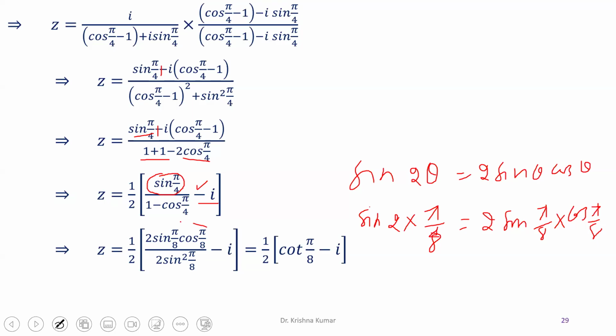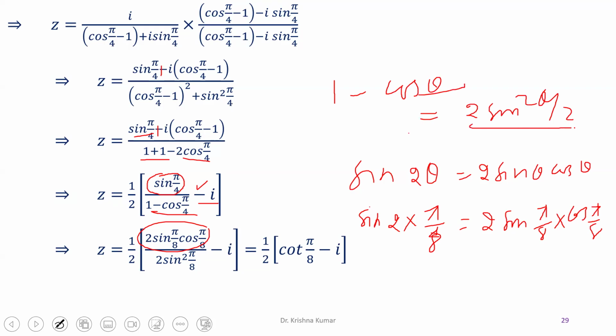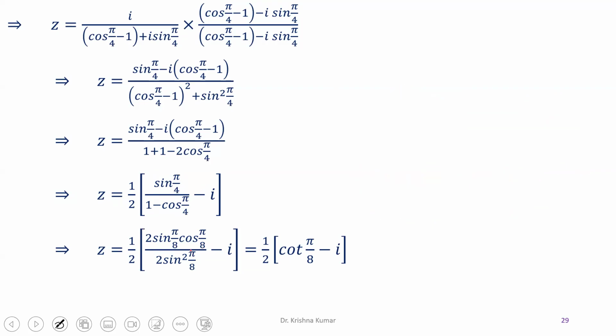This is written over here, and for 1 minus cos pi/4, we know that 1 minus cos theta is nothing but 2 sin square theta/2. So instead of theta, it is pi/4, so it becomes 2 sin square pi/8, minus i.